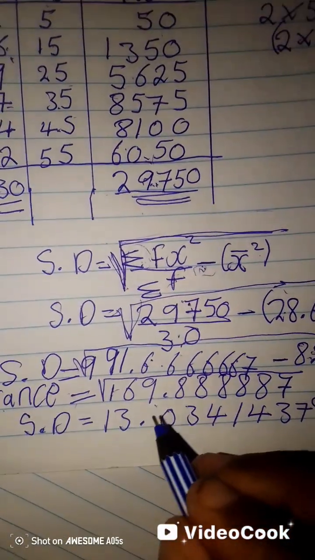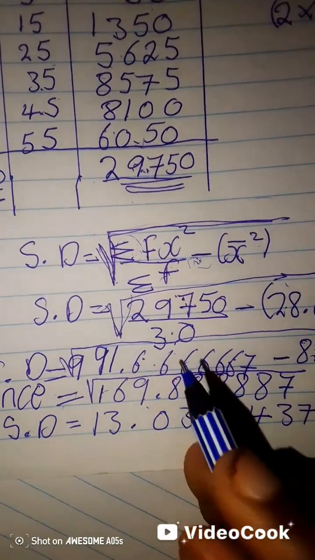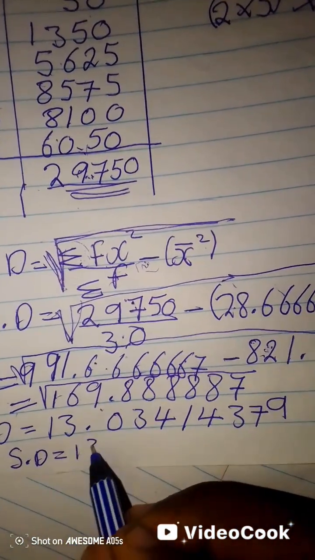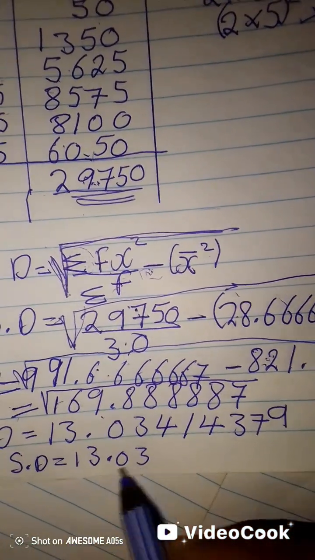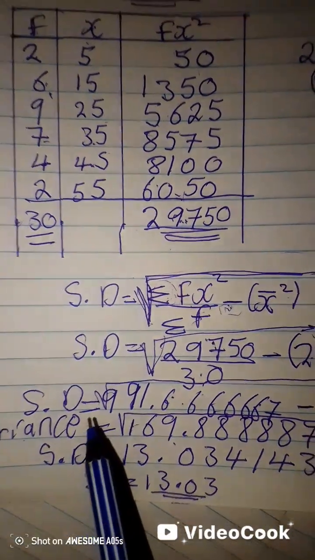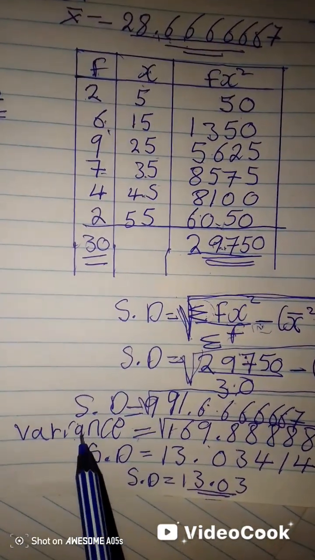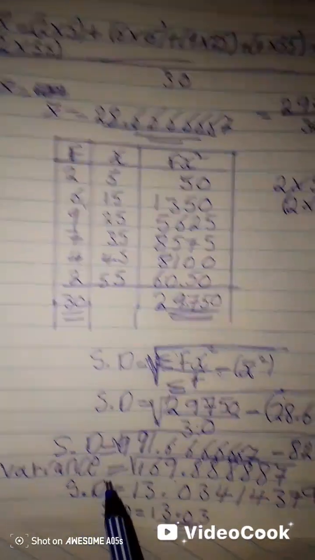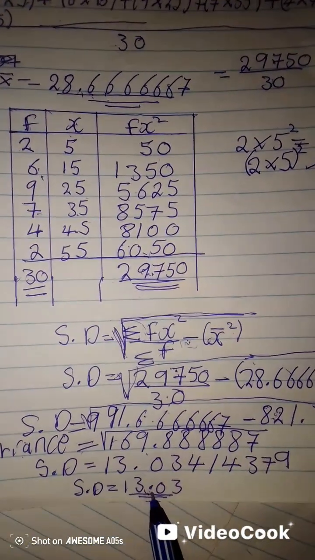When you round off to 4 significant figures, you obtain 13.03. This is your final answer. When they ask you to calculate variance, you end here, but if they ask you to calculate standard deviation, you end here, where I ended.